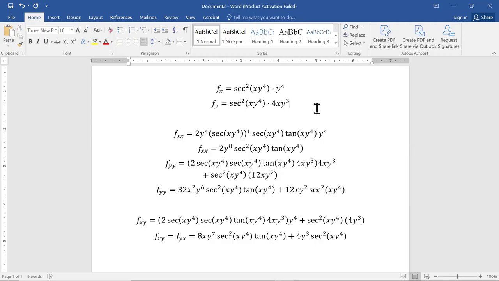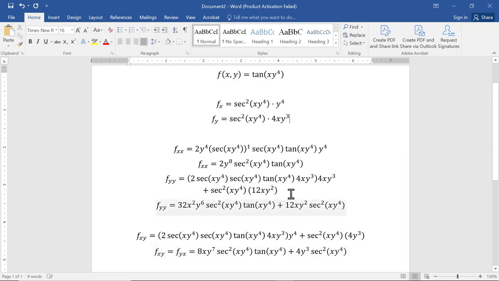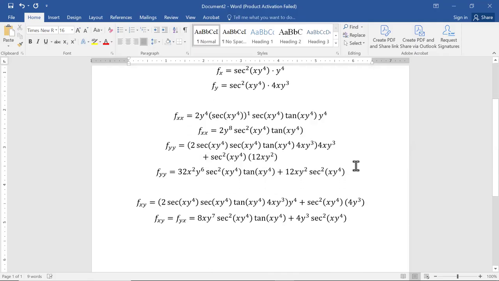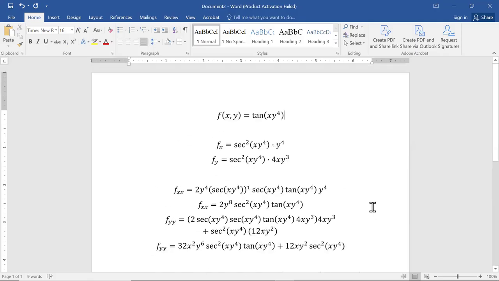So lots and lots of different rules, but now I have the 2 first derivatives and then all 4 second partial derivatives. And we started with just this function here. Again, notice how ugly that quickly got after second derivatives.